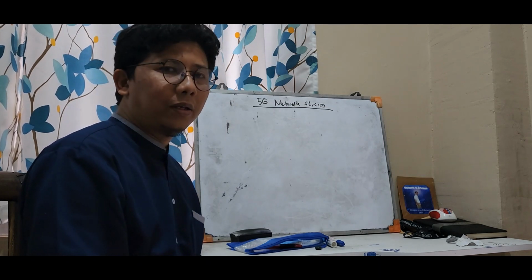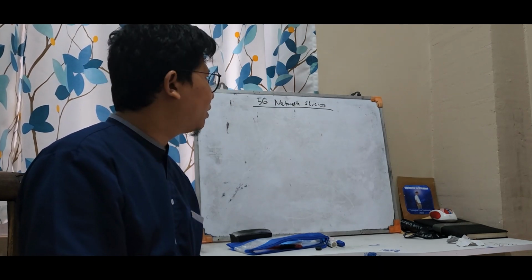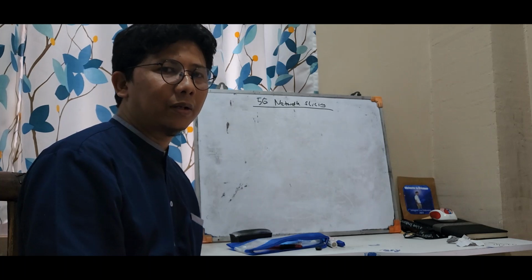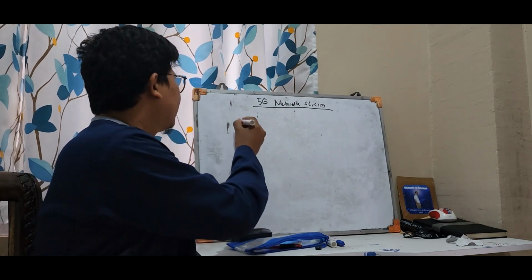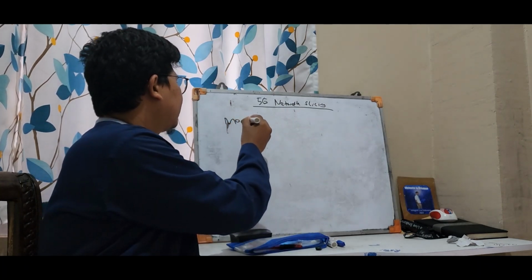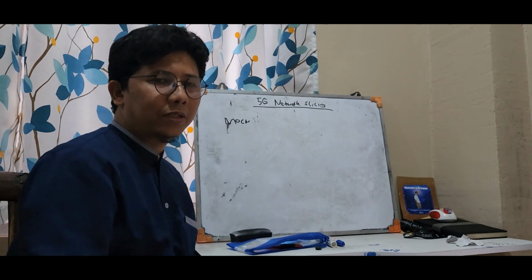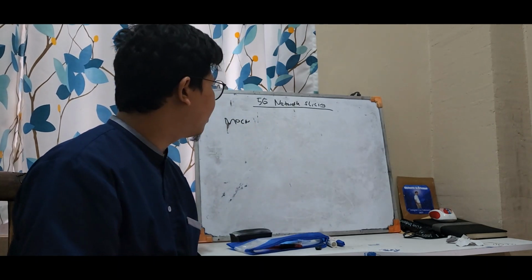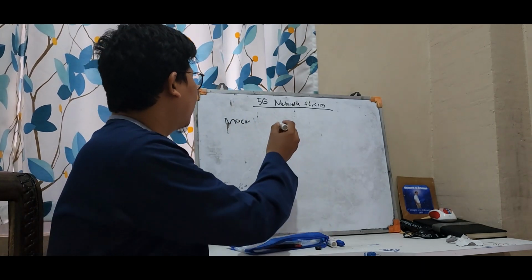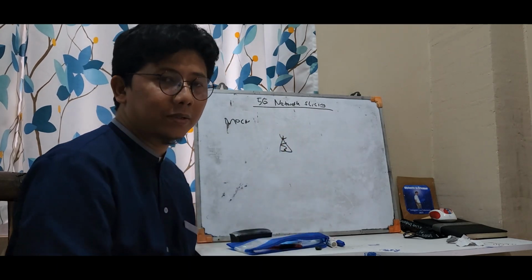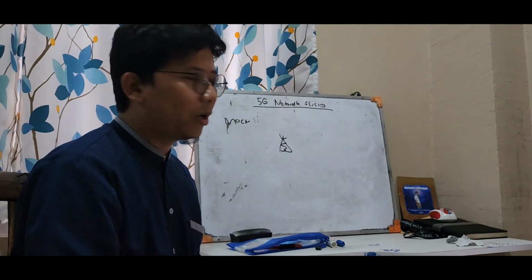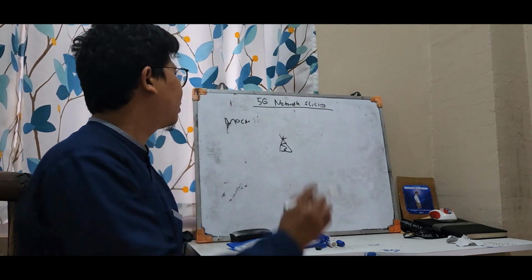Before I describe in detail about network slicing, perhaps you have heard about MOCN. MOCN is multi-operator core network. It means if you have one radio access and you want to share it to multiple operators.